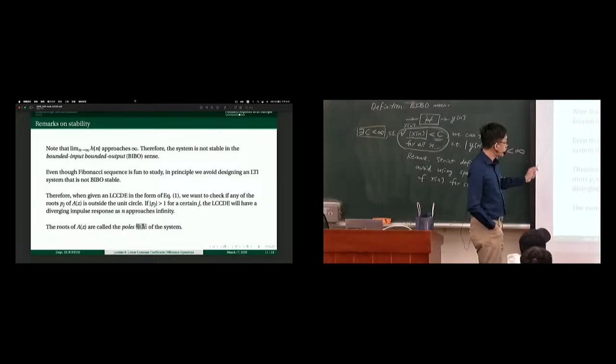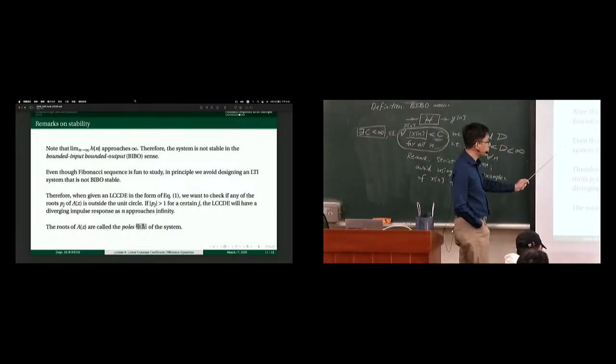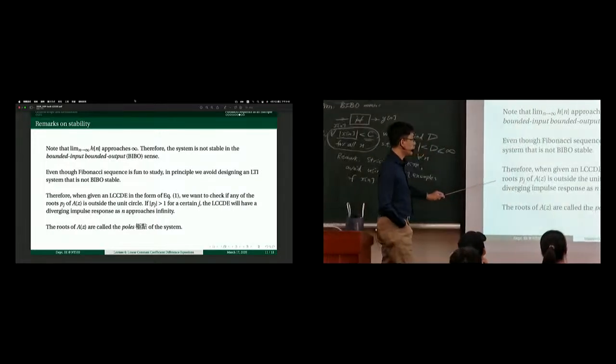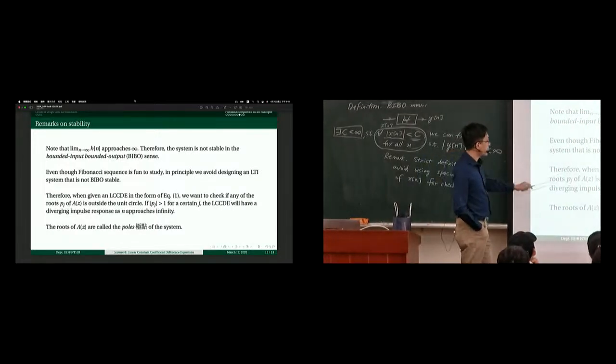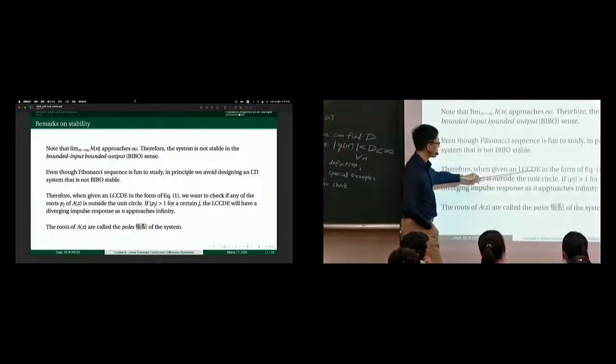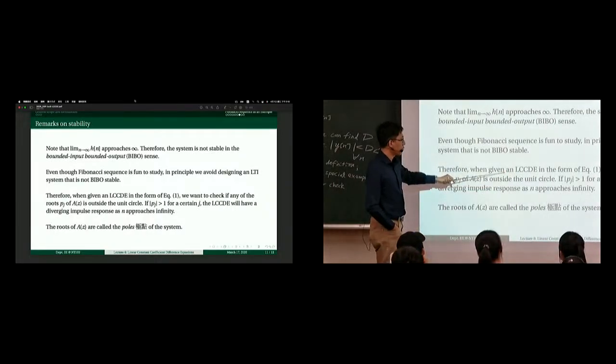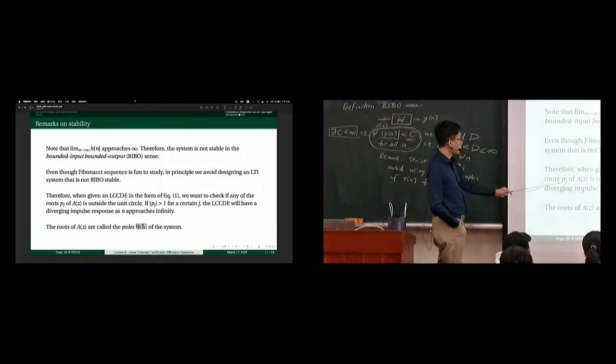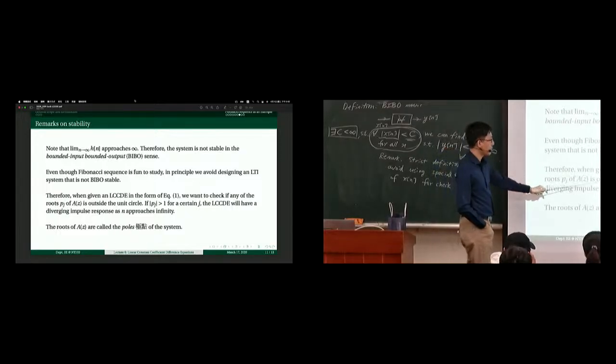Therefore, to design a system, we always need to check whether all the poles are inside the unit circle. That is to say, when given a difference equation, the first thing you need to check is whether any root of A(z) is outside the unit circle.